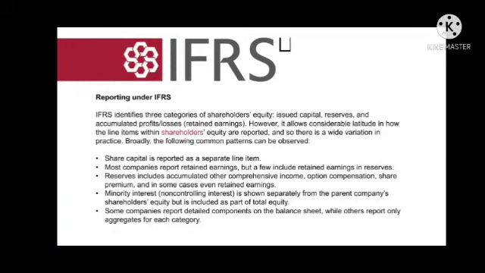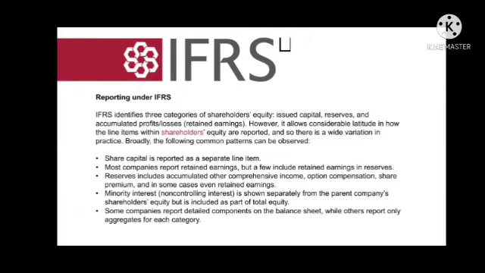Reporting under IFRS. IFRS identifies three categories of shareholder equity: issued capital, reserves, and accumulated profit or loss. However, it allows considerable latitude in how the line items within shareholder equity are reported, and so there is wide variation in practice.